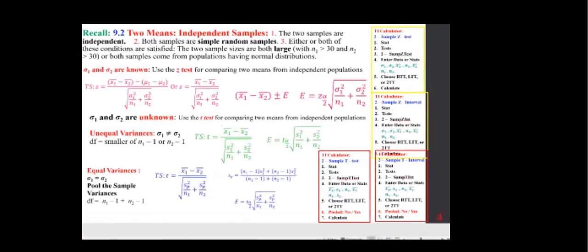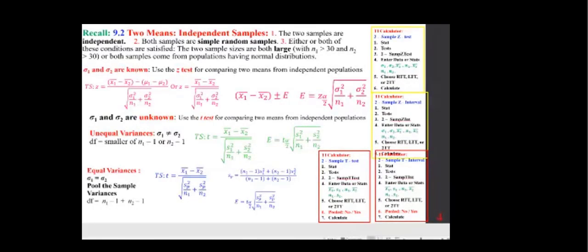Same thing when we dealt with two means. It was very similar with one sample. If we wanted to do a test of hypothesis using the traditional method, we needed to calculate the test statistic. We do exactly the same thing here, and there are three cases.